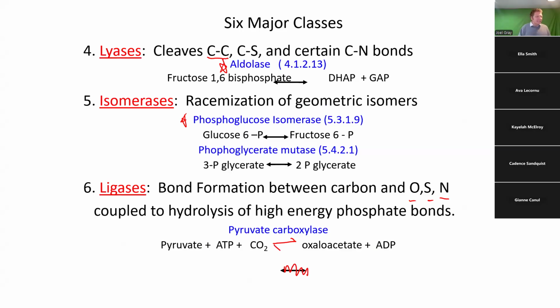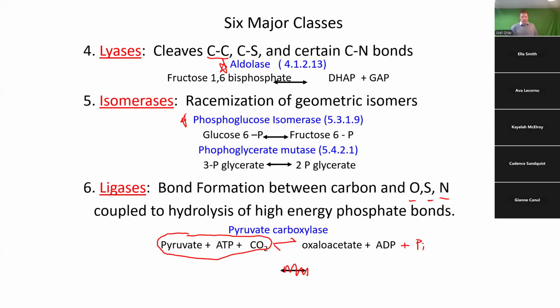A ligase forms a bond between carbon and oxygen, sulfur, or nitrogen. The way that it does it is it breaks a high energy phosphate bond. So if you look at this, pyruvate, ATP, and CO2 are the reactants. The products are oxaloacetate, ADP, and Pi.